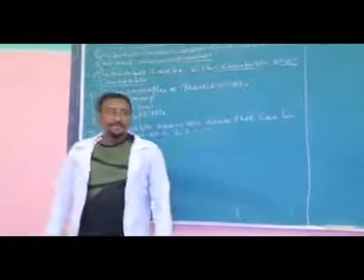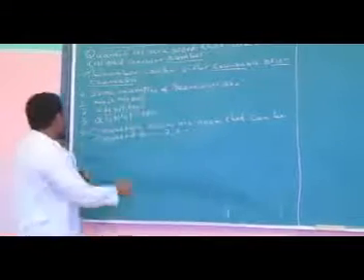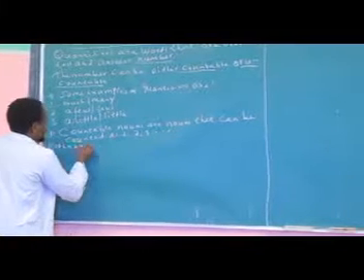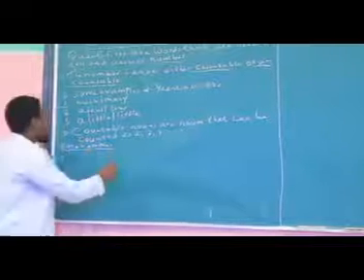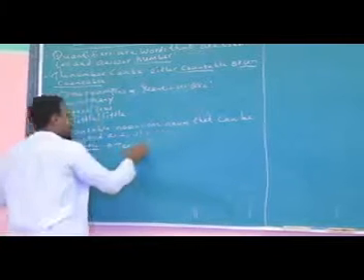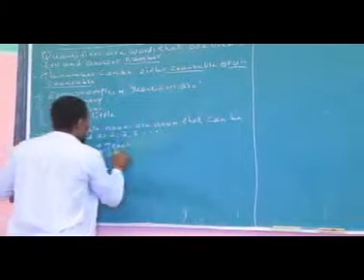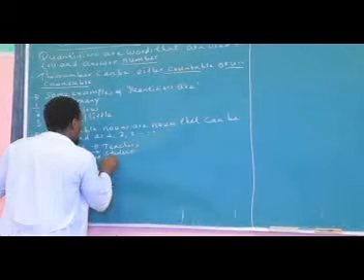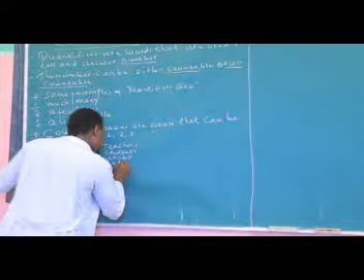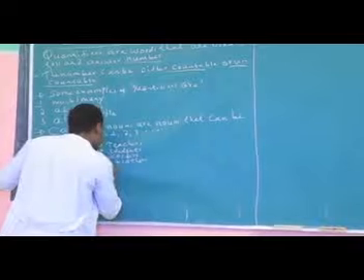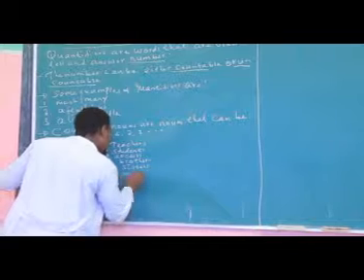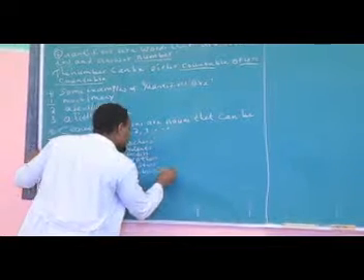So students are countable. Examples of countable nouns: teachers, students, doctors, brothers, sisters, babysitters, etc.